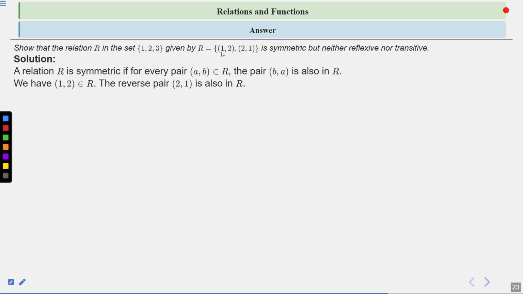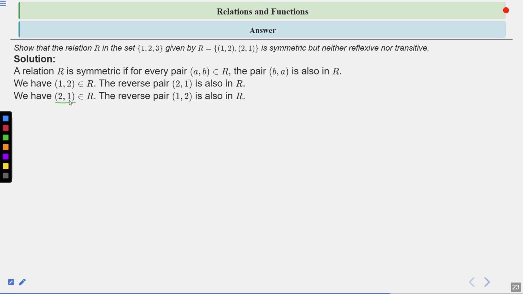If you choose (1, 2), we can easily observe that (2, 1) also belongs to R. If you pick (2, 1), then (1, 2) also belongs to R. So for every pair you choose from R, the pair (B, A) also belongs to R. So symmetric.